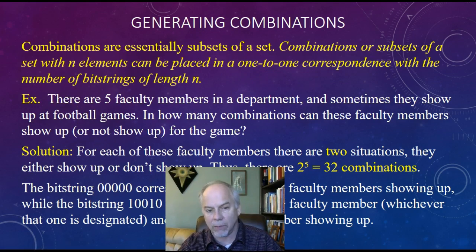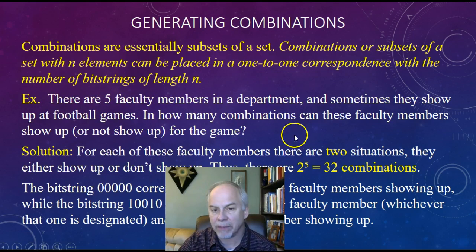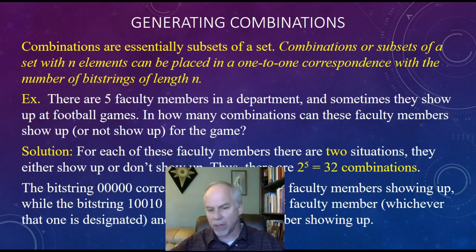And let's look at why that's the case. Suppose there are 5 faculty members in a department, and sometimes they show up to football games. Now, it could be that none of them come to the football game. It could be that 2 or 3 of them, or maybe all 5 of them come to the football game.